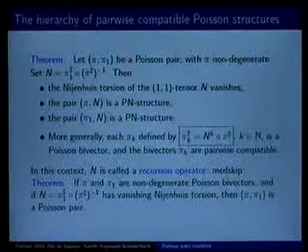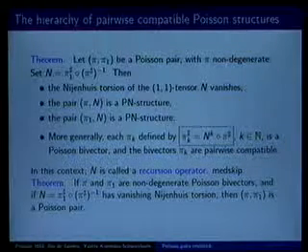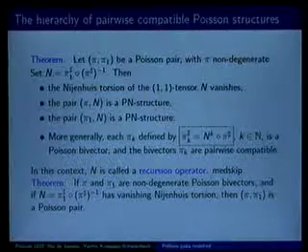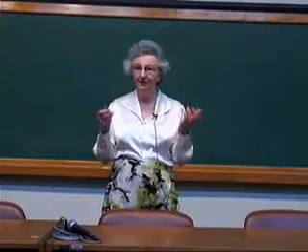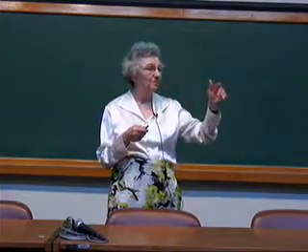So what can you do with a PN structure? Why is it nice to have a PN structure? I mean, I want you to be convinced somehow that these things are good for something. Well, you can have a hierarchy of Poisson structures starting from your pi equals pi 0, pi 1, and then pi 1 is n composed with pi.